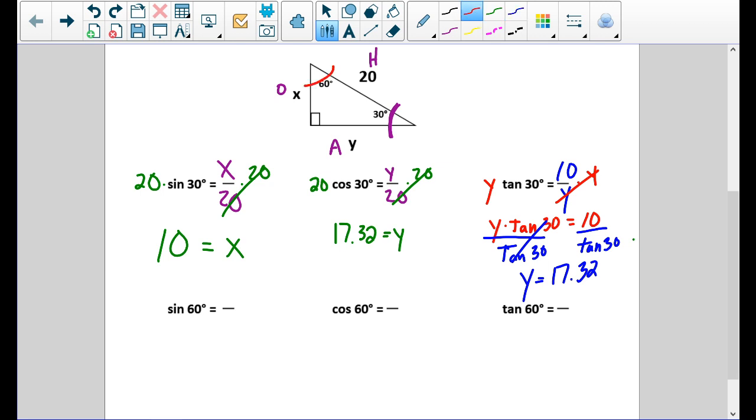What if I'm looking at 60? If I'm using sine of 60, sine is opposite. This is my opposite, and now this is my adjacent. Those change. For 60, opposite is y, adjacent is 20, and to solve, I multiply by 20. So 20 sine of 60 should give me 17.32.